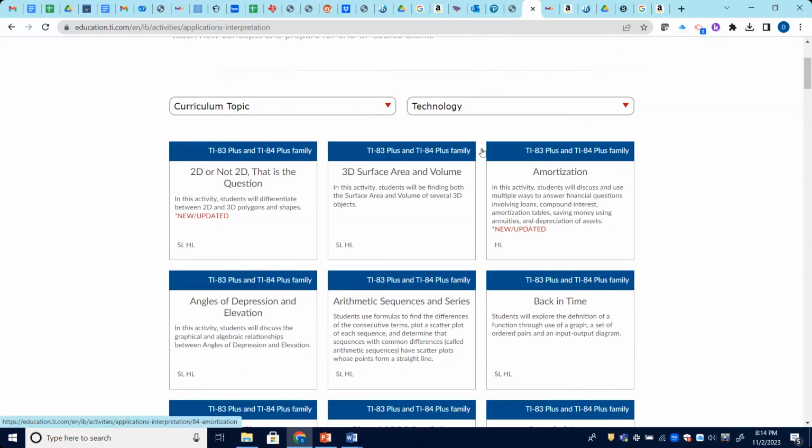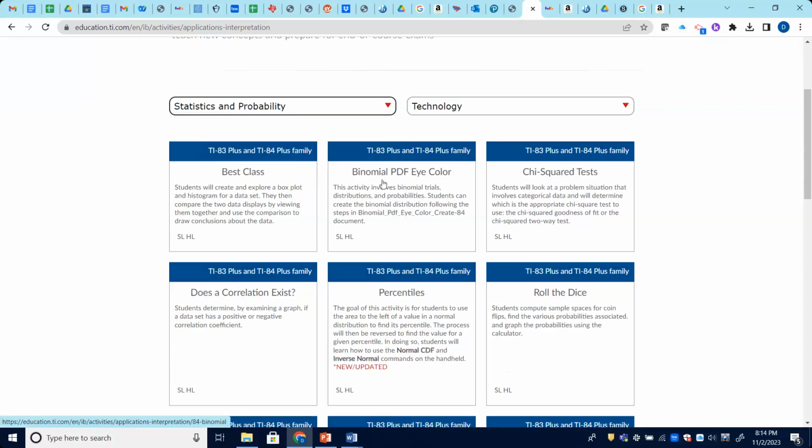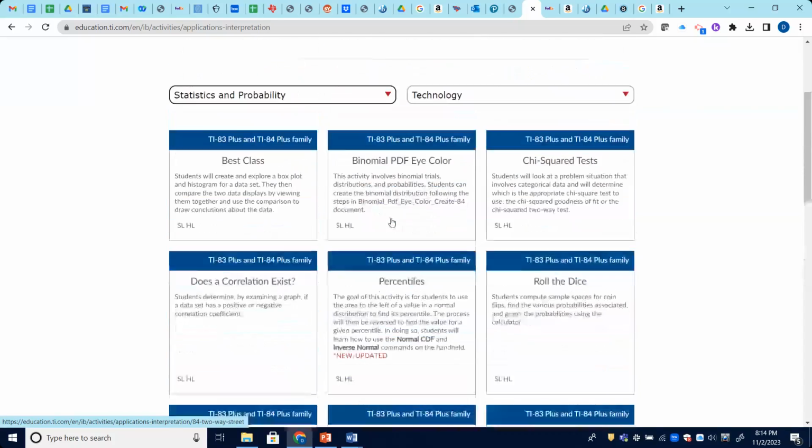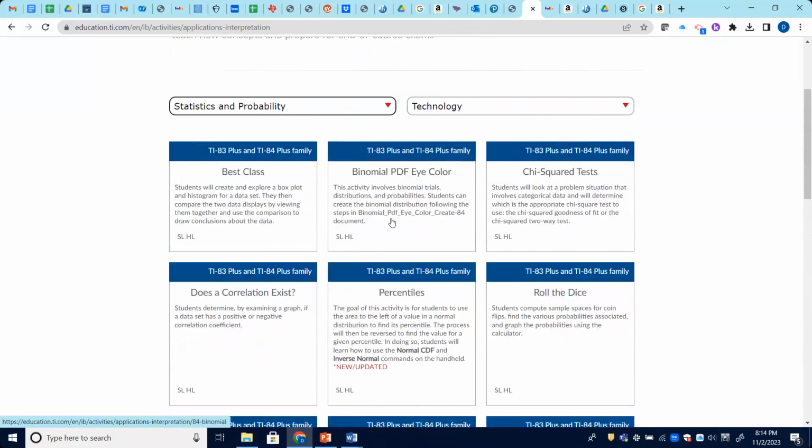What you would do is click on the curriculum topic and pick one of the 5 topics from your general group. So let's say we wanted to click statistics and probability. It will only show the statistics and probability activities. You'll notice it has both the dark blue and the light blue, so it's both Nspire and 84.